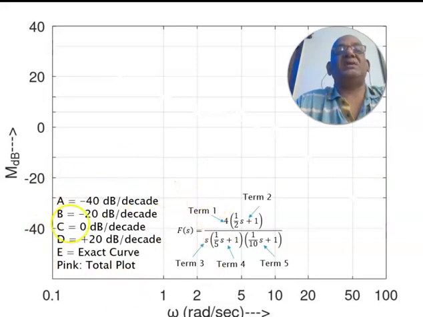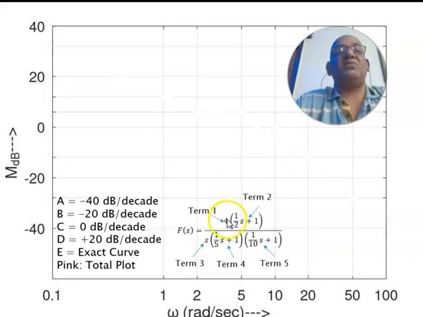So we'll first consider term 4, that is the constant term 4. This term is independent of the frequency in radians per second. So at all frequencies, it contributes 20 log to the base 10 of 4 decibels, which comes out to be approximately 12.